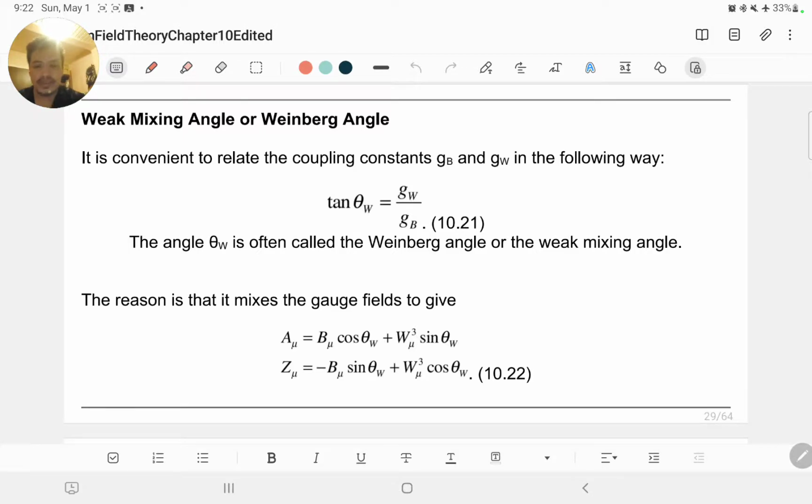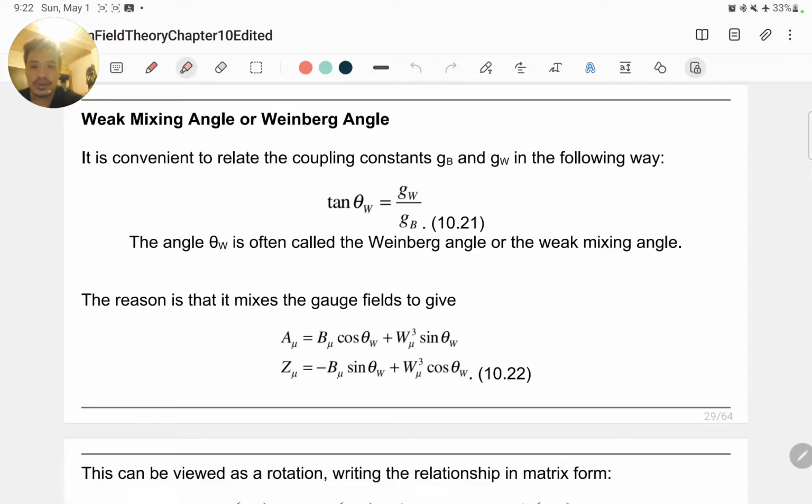So we start with the definition where we define the relationship between the coupling constants g_B and g_W in this particular equation. The ratio between g_W and g_B is just tangent theta W, where theta W is called the weak mixing angle or the Weinberg angle.